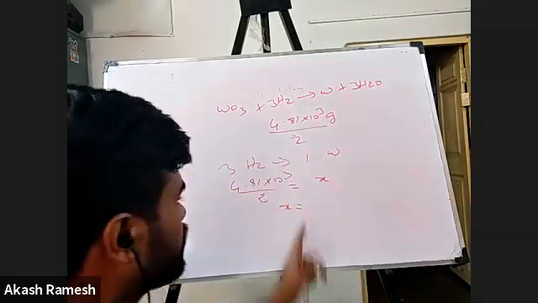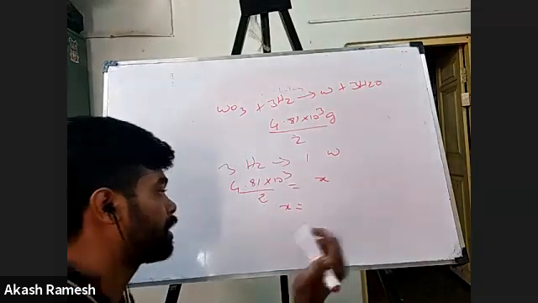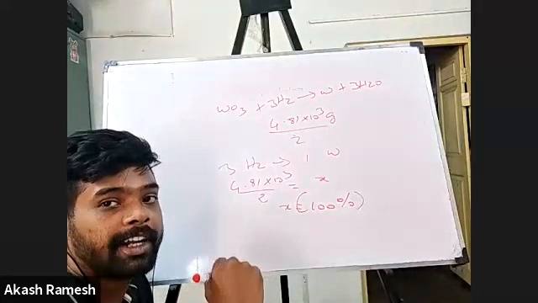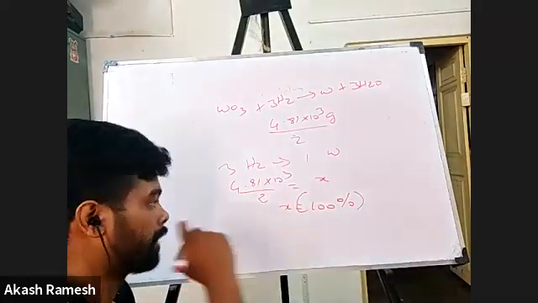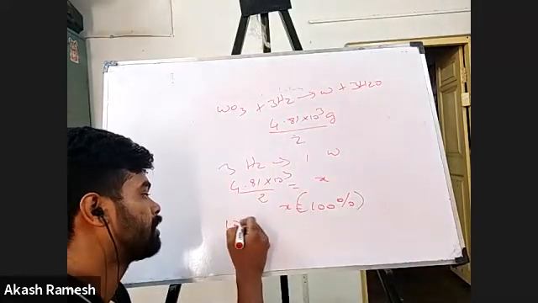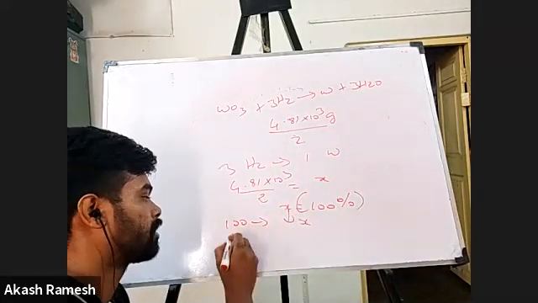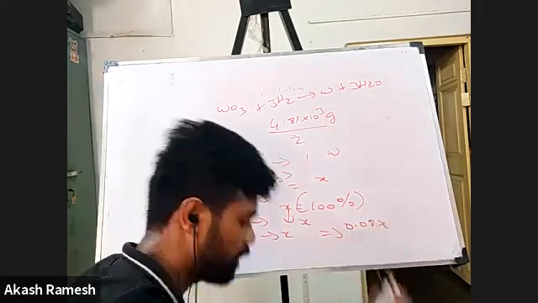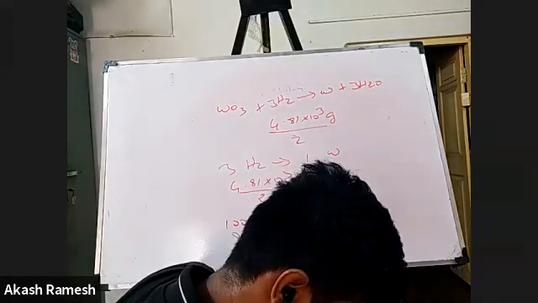Right. Now this is the number of moles for 100% conversion. But what they're telling is only 80% efficiency is happening. So basically, whatever the value X you find for 100%, for 80% it will be 0.8 into X. Right?